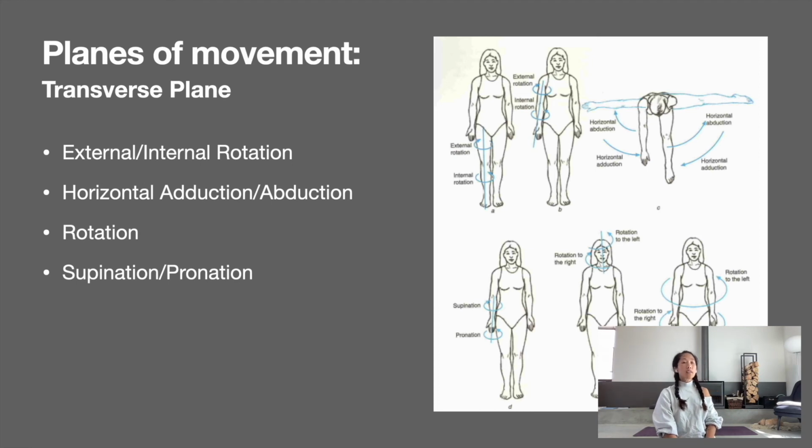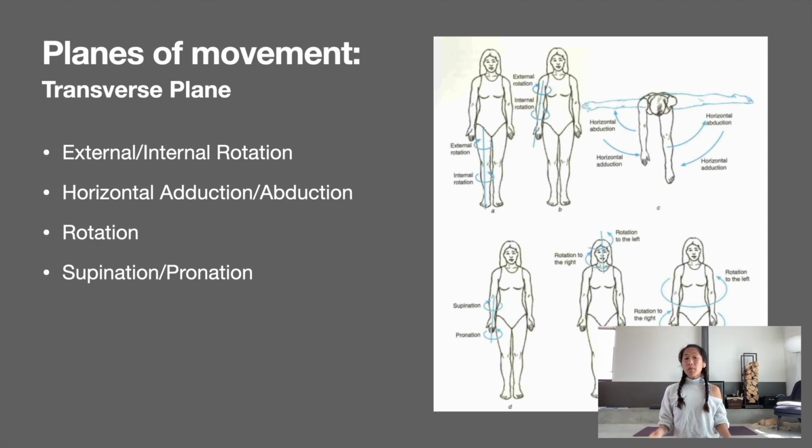And lastly, transverse plane, that was the horizontal plane. So anything that moves kind of in this plane. The type of things that can move in it is more the rotation. So we have the internal rotation or medial rotation, external or lateral rotation, right? So we can rotate the arm, the leg, the hand, the head, and then horizontal abduction.